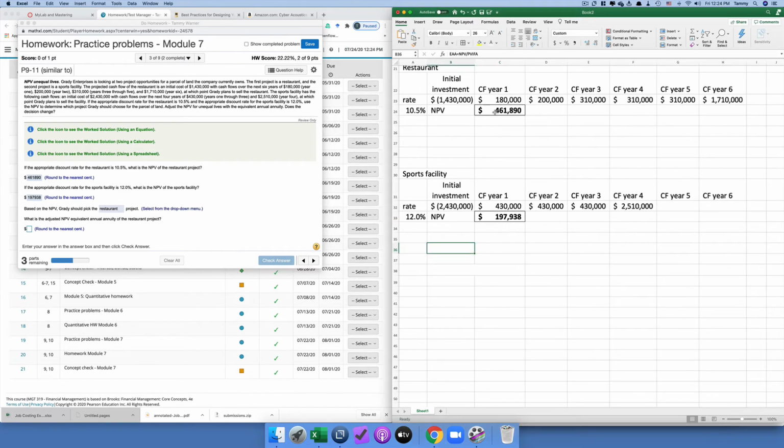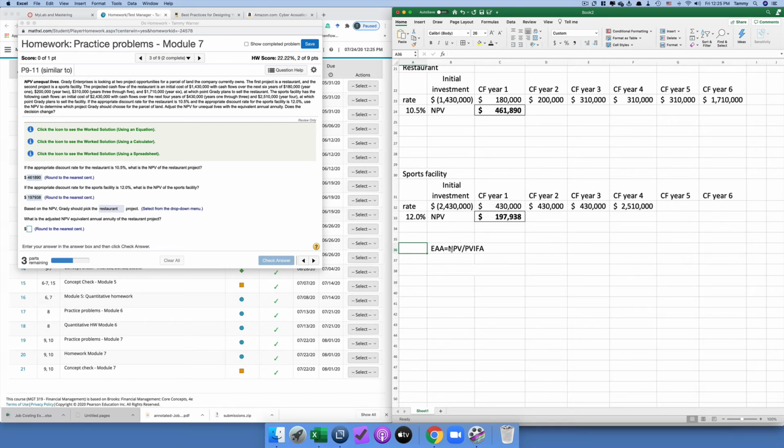Okay, so to adjust the net present value for unequal timelines, one of the things you can do is create what's called an equivalent annuity, or an EAA, which is defined as the net present value over the present value interest factor for an annuity.